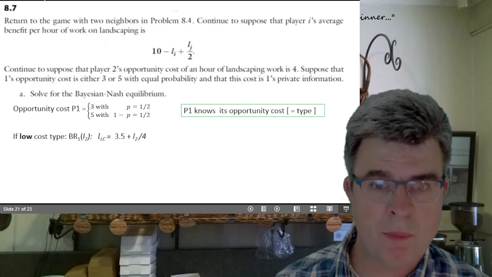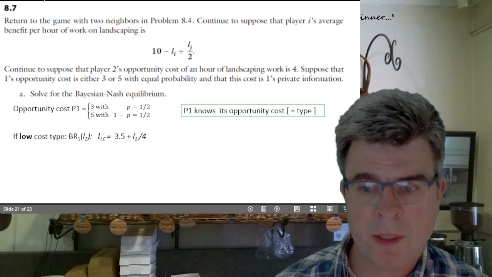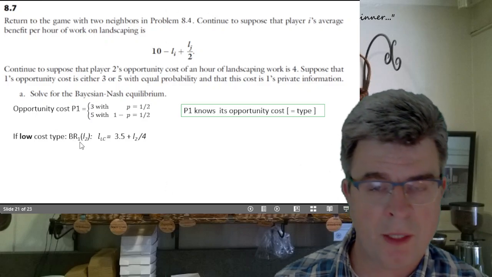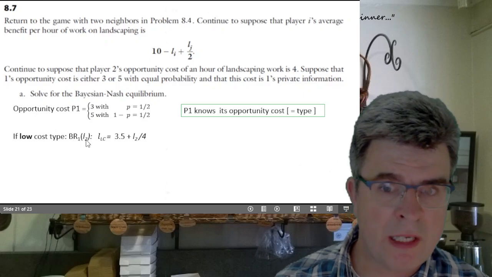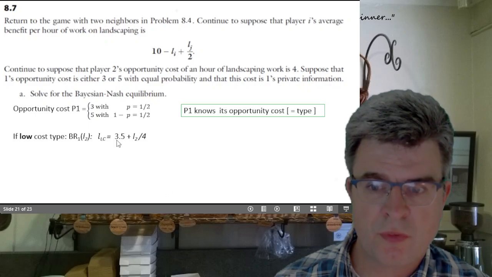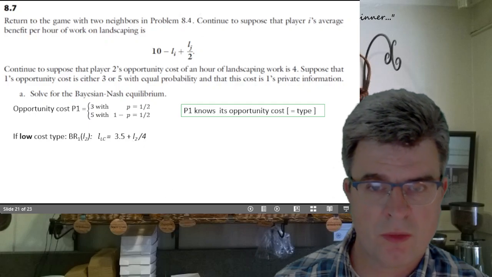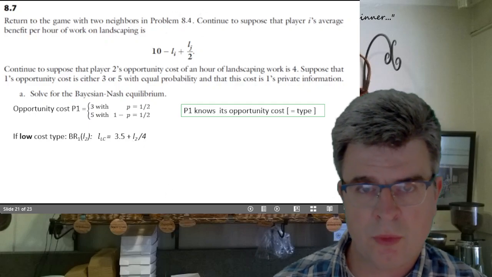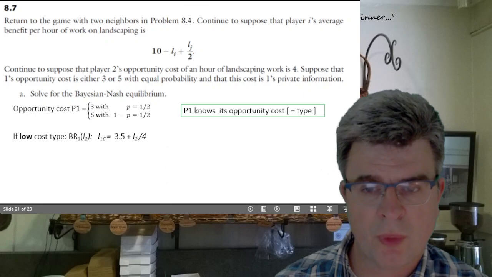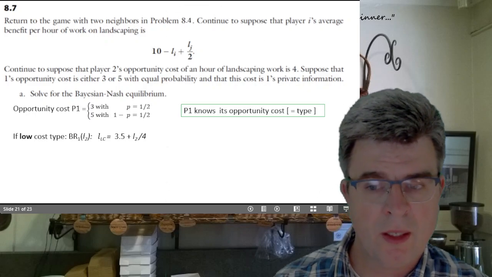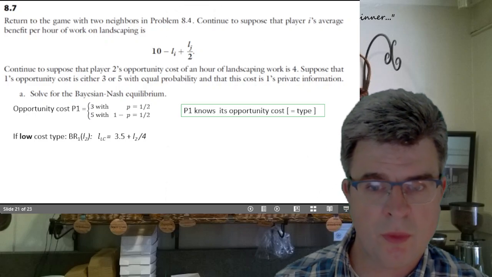And if player 1 is of the low cost type, then the best response of player 1 to the actions of neighbor 2 is 3.5 plus L2 divided by 4. So you can return to your notes to exercise 8.4, where you also needed to derive the best response functions.